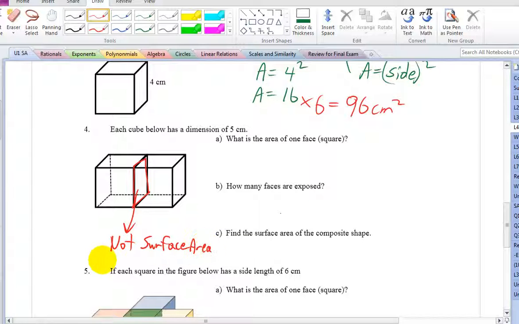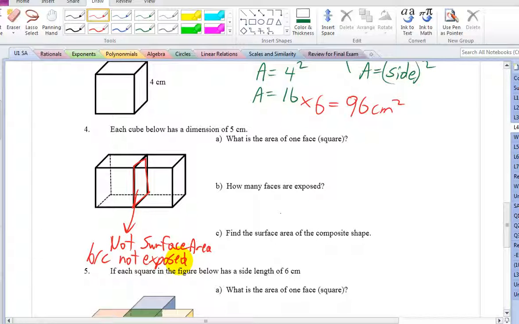And that is because it's not exposed. Right? It's covered up. If you put that shape into paint, the middle would not get painted.